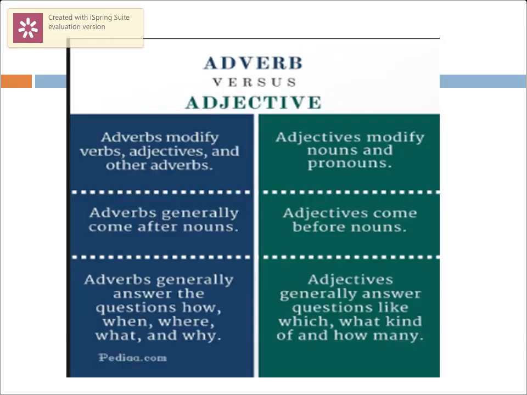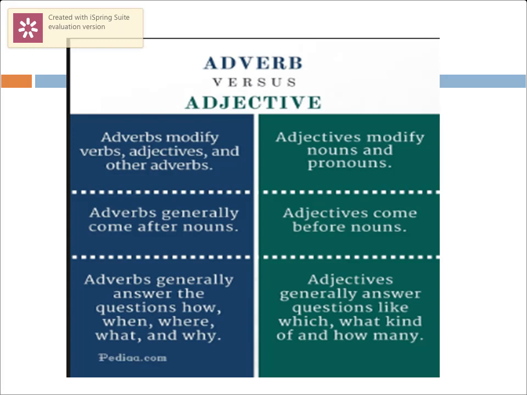Okay, now one of the big confusions that students generally have is about the adjective and the adverb, and we need to have a basic distinction between these two. Now you all know that adjectives are words which modify the nouns or the pronouns, whereas adverbs modify verbs, adjectives, and other adverbs.